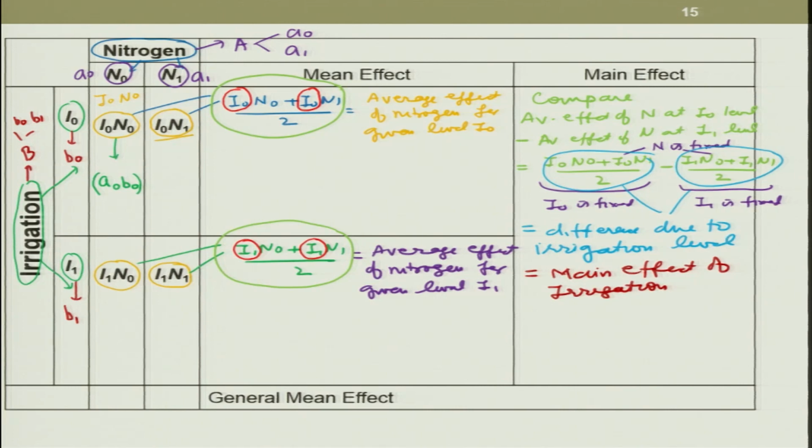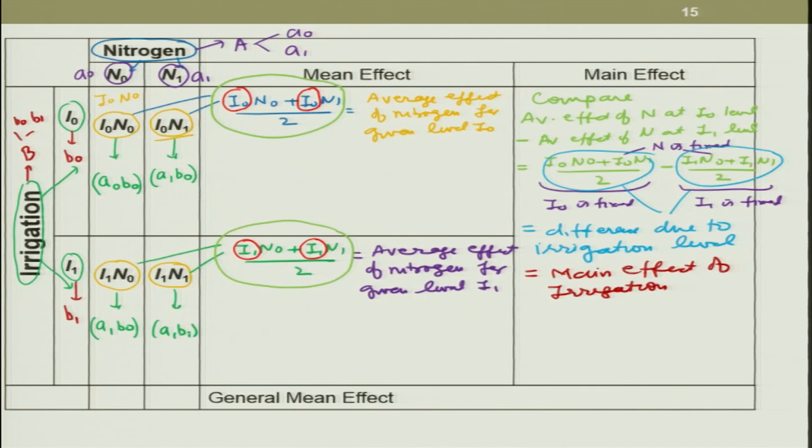So, similarly, when I come to the next plot, here we give the treatment combination, say A1 and B0, and their outcome is denoted by A1 B0, and in plot number 3 we give A1 B0, which is denoted here inside the bracket, and in the fourth plot we give the treatment combination A1 B1.